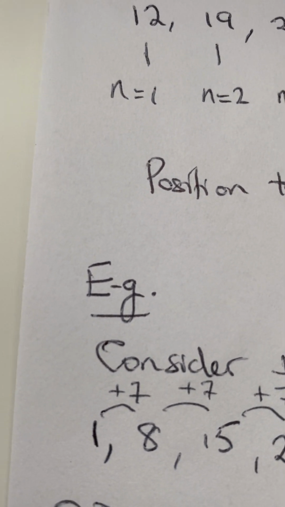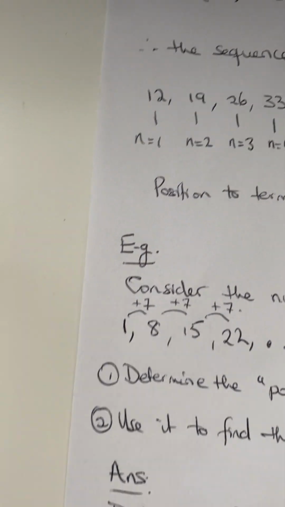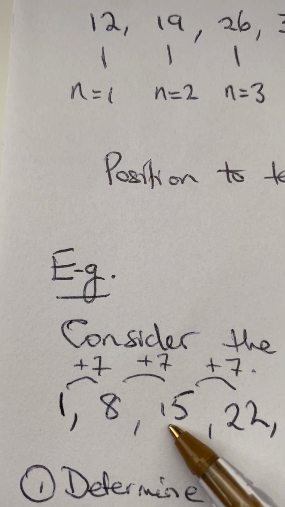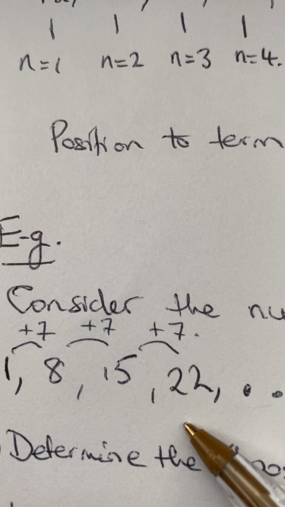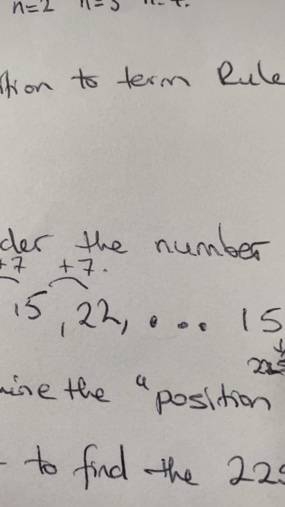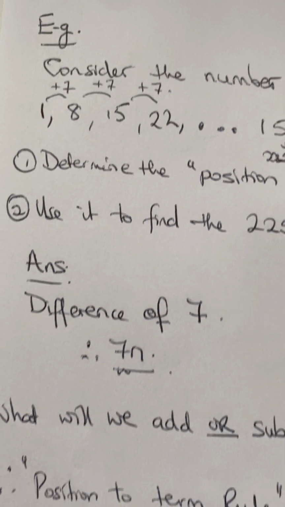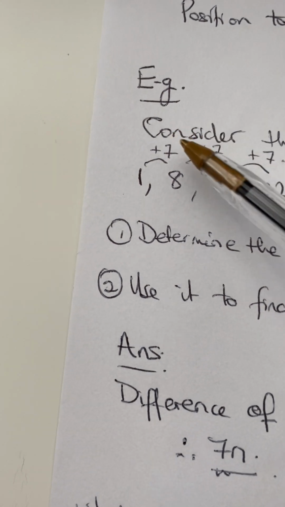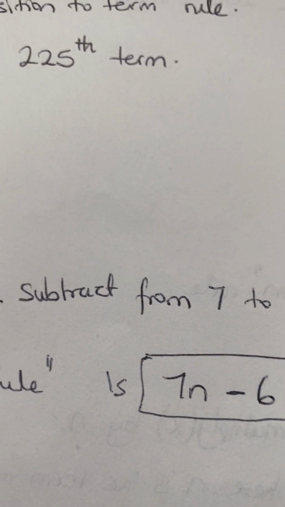Now our last example. Here we have 1, 8, 15, 22. And then we want to find the 225th term, which I've already explained. So 7n minus 6.